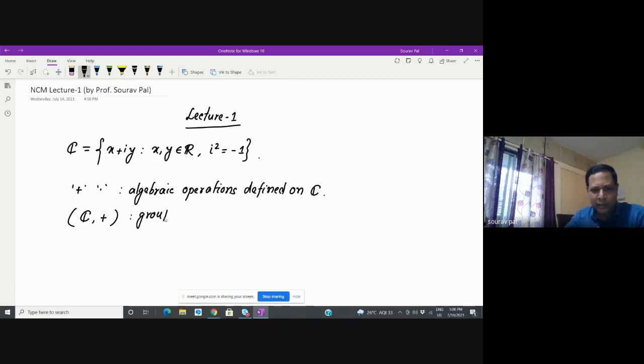And also we know that C, if you remove the zero, along with dot is also a group. So we all have, I guess, learned it in our undergrad. Needless to mention all of them.